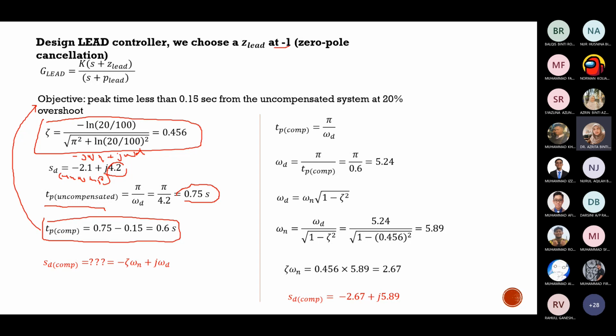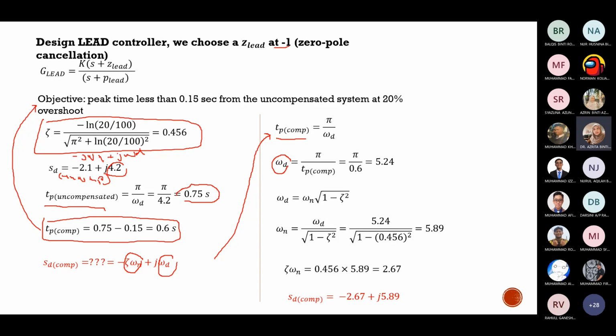Okay, so from the TP compensated, we go back to find the s_d compensated, where we need to find the zeta omega n and the value of omega d. Since we have the value of TP compensated, we can evaluate the value of omega d.